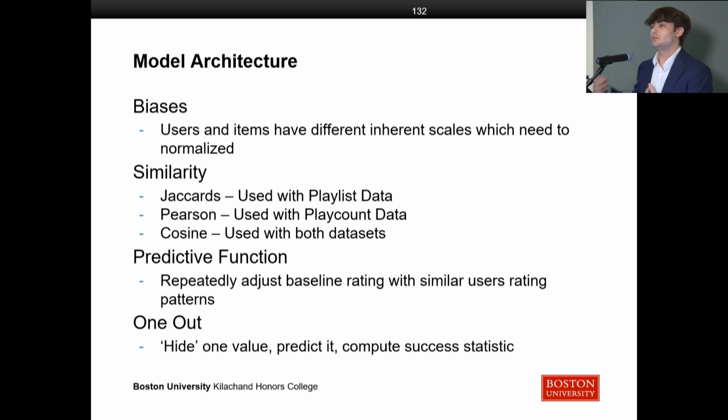But when we go to recommend things for them or understand their rating patterns, that's not easily corrected for. So the first thing we do is understand how a user rates. What's their inherent scale? Or understand how an item is rated. Does it tend to be rated in a certain way, which we need to correct for to ensure that recommendations are objective and standardized across the whole model.